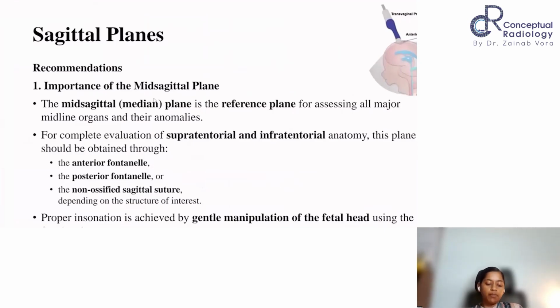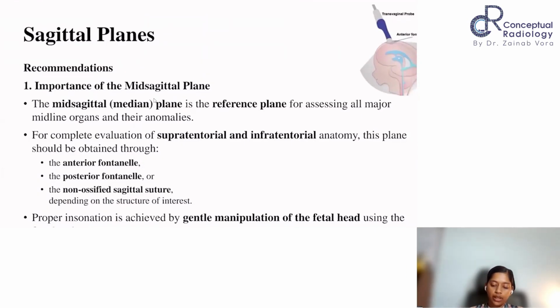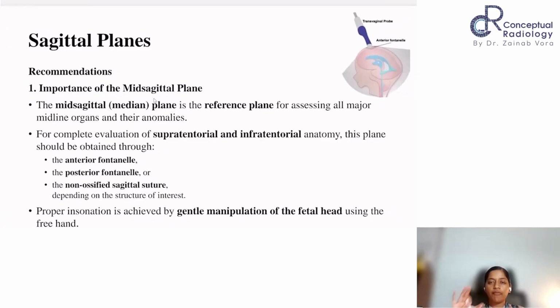So the mid-sagittal plane, the median plane, is the reference plane where you want to study the entire midline structures and their anomalies. For a complete supratentorial and infratentorial anatomy, we have three windows: anterior fontanelle, posterior fontanelle, and the non-ossified sagittal suture.